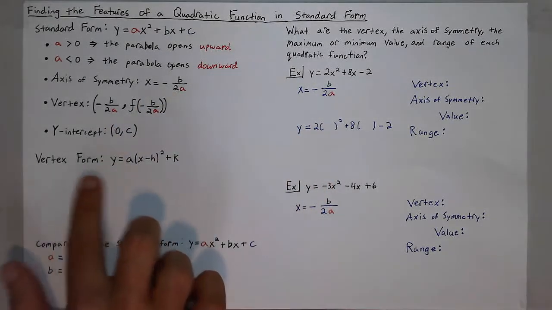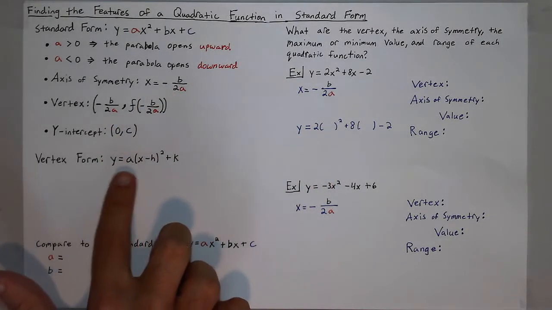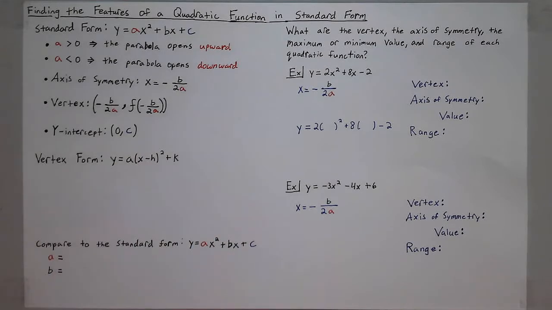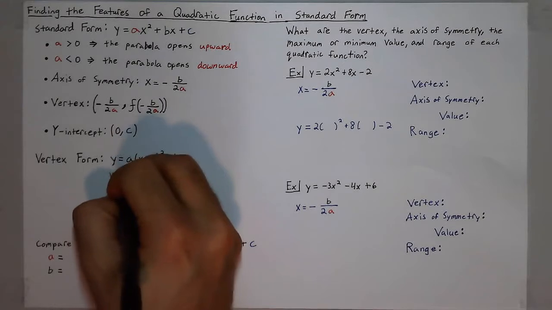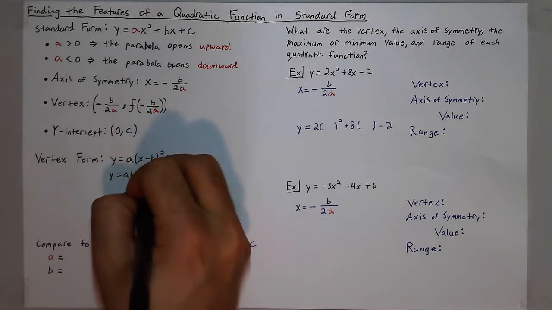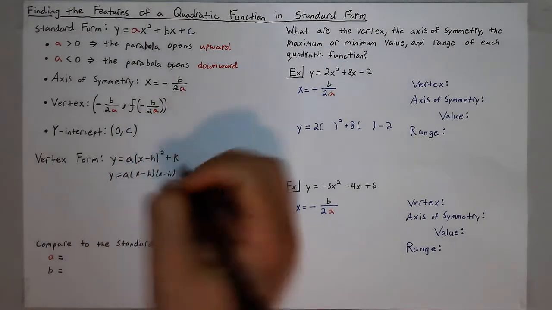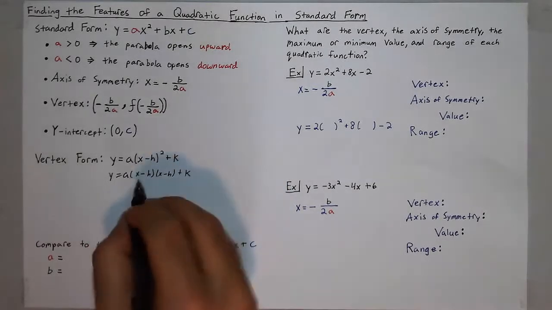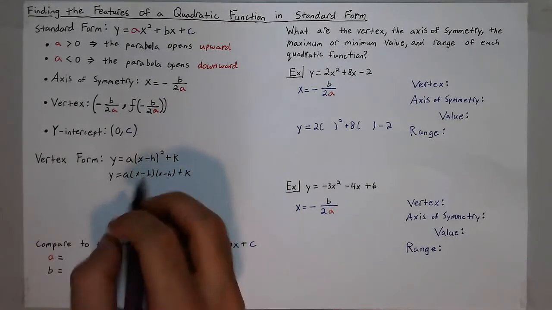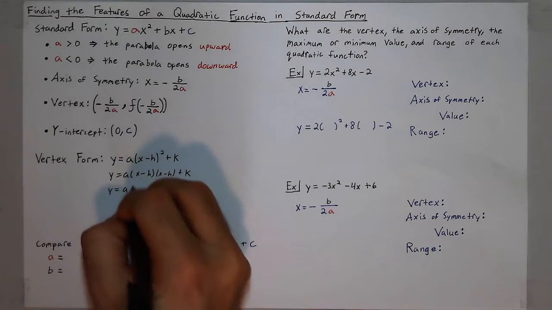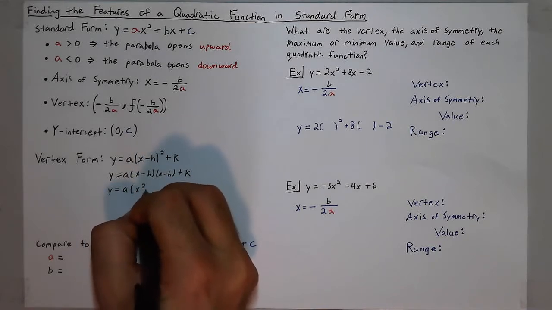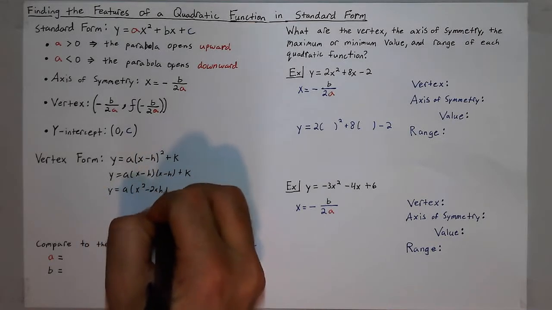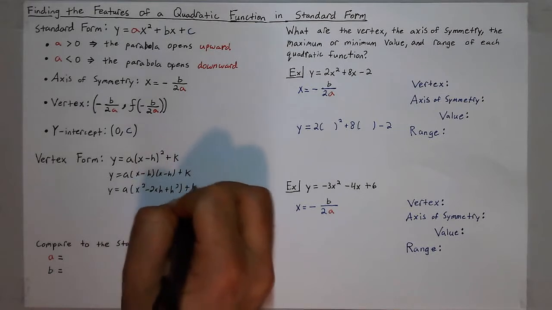So if we look at vertex form, if I were to expand this expression, meaning I take a times x minus h times x minus h and multiply those two binomials out, I'll get a times x squared minus 2xh plus h squared, plus k.